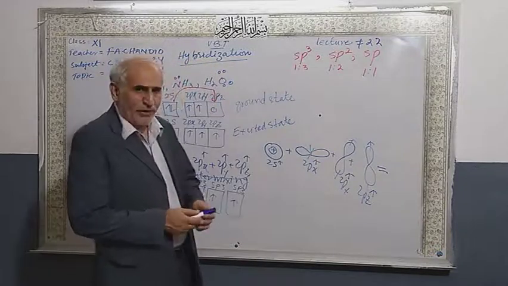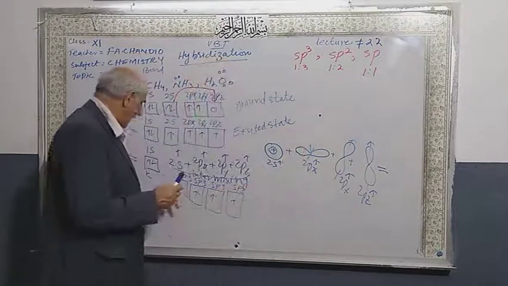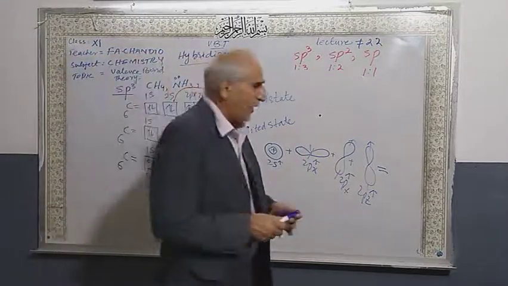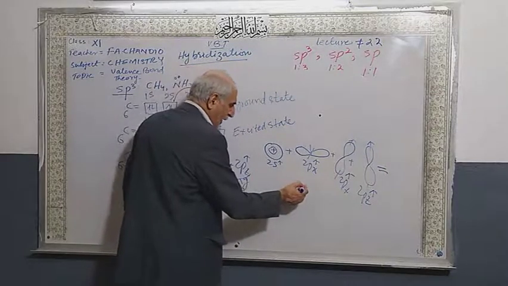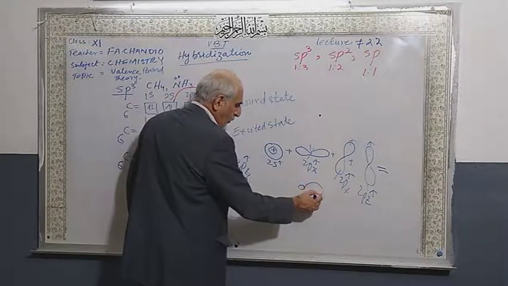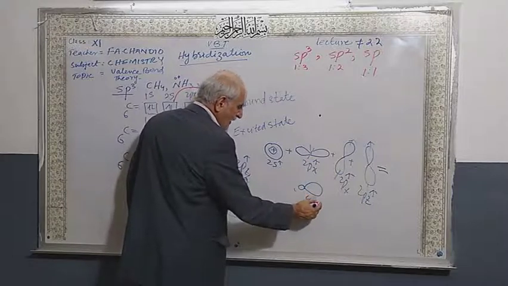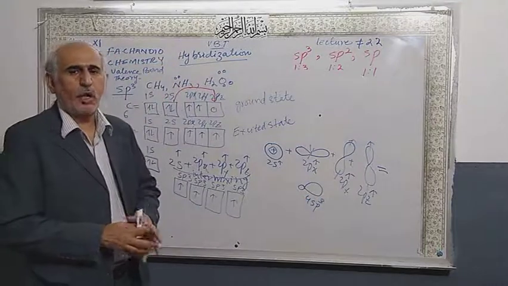Now after intermixing, you will get four equivalent hybridized atomic orbitals. According to your book, the shape of a hybridized atomic orbital is like this: a small lobe and a big lobe. This is the shape of a hybridized atomic orbital.